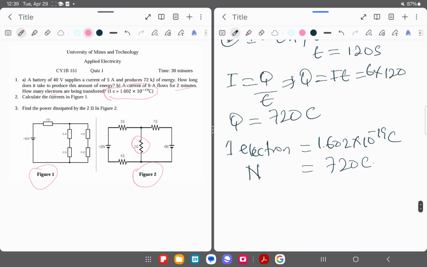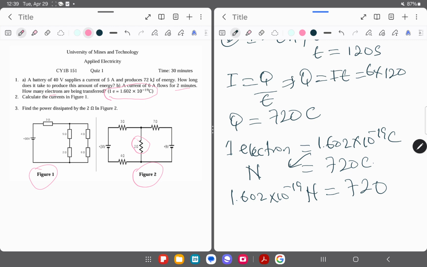So we cross multiply. By cross multiplication, you realize this will multiply by this, right? And this by this, then you divide by 1.602 times 10 to the power minus 19. So when you cross multiply, we have 1.602 times 10 to the power minus 19 n, equals 720, since this is by 1.